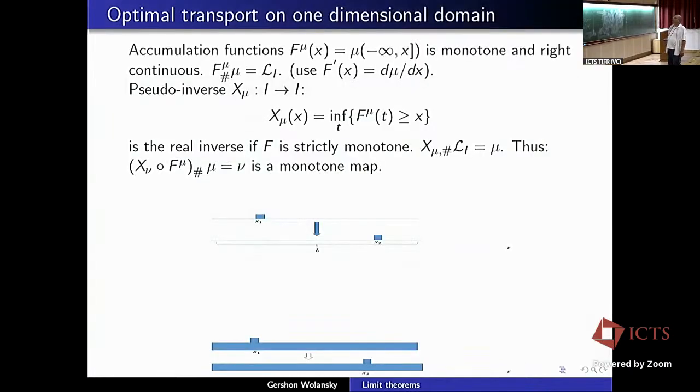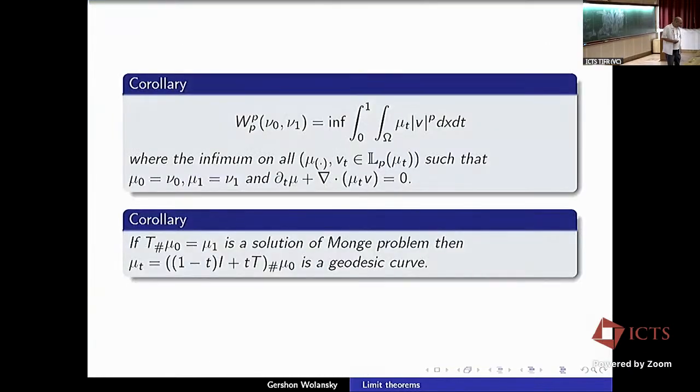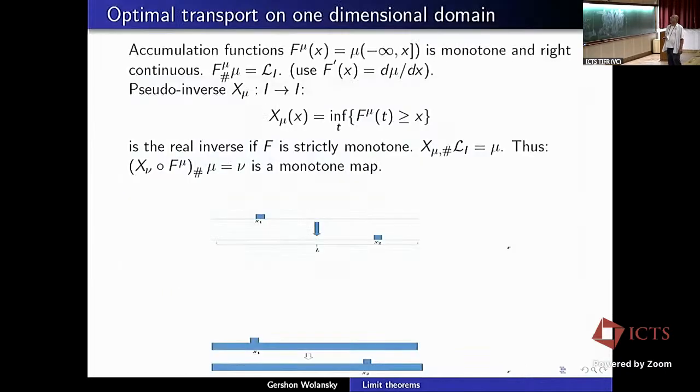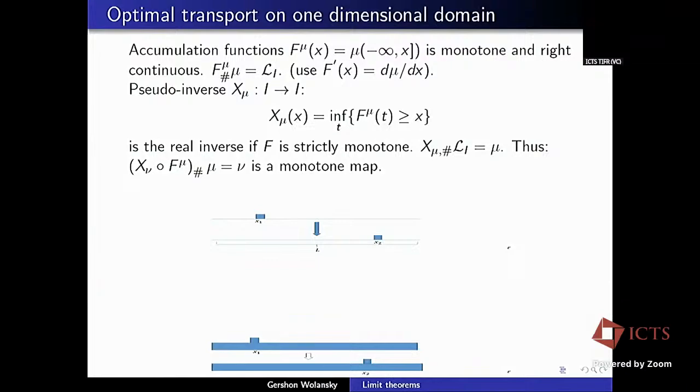Okay, so this finishes this part, and now I will move forward to the next object, which is optimal transport on a one-dimensional domain.